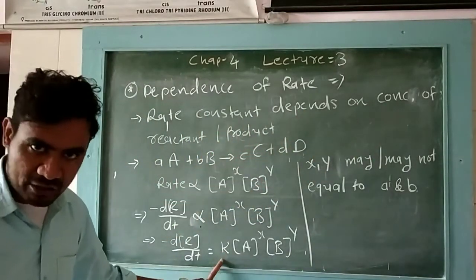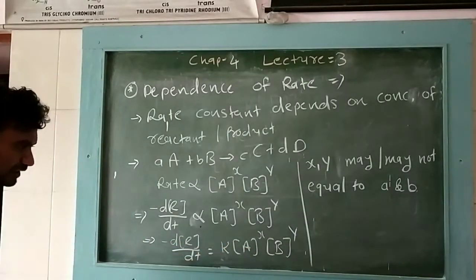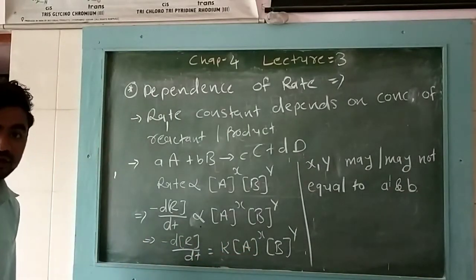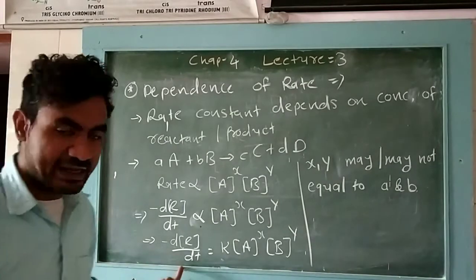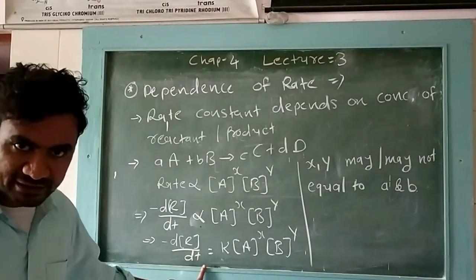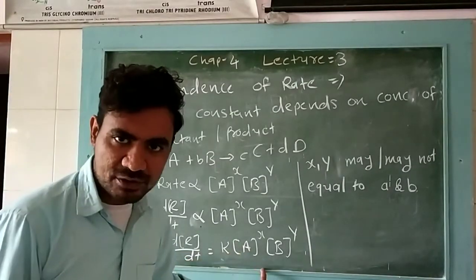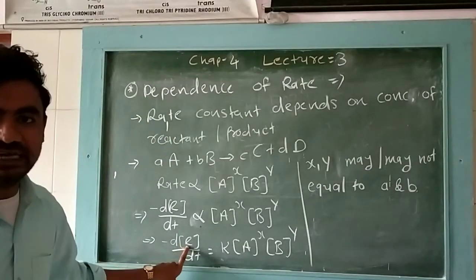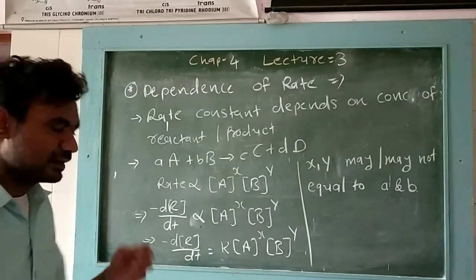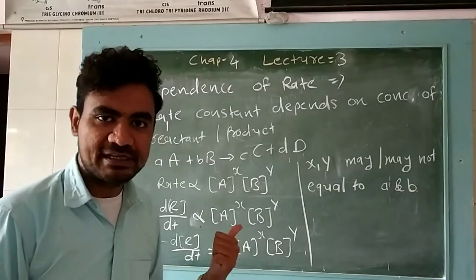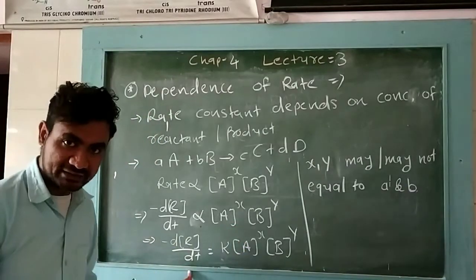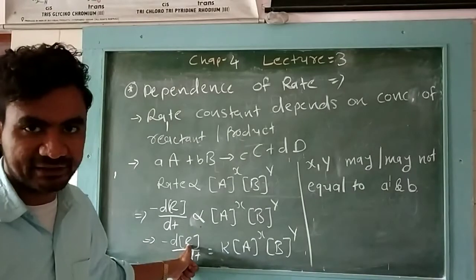K is rate constant, and this last formula shows the relation between rate of reaction and concentration of reactant.